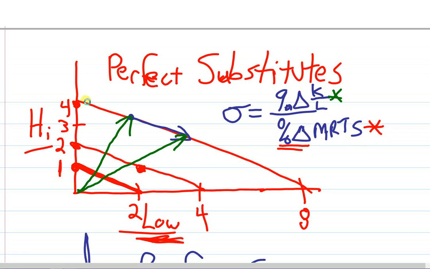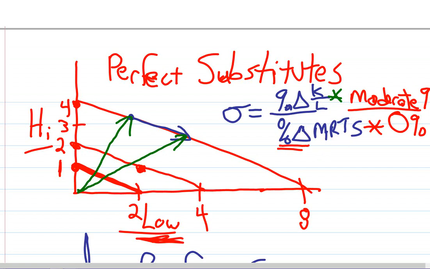And so if you have a perfect substitutes kind of situation here, on the top you're going to have a moderate-sized number, divided by, well, if it's a perfect straight line, then the marginal rate of technical substitution is changing by 0%, right?